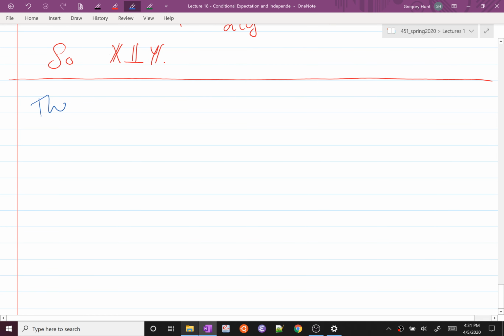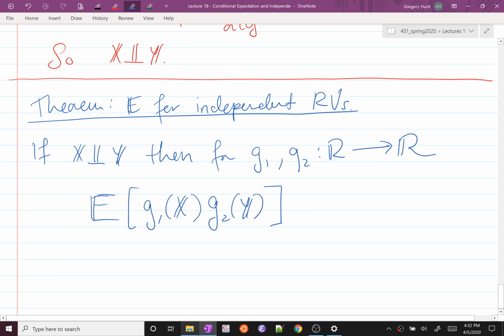If x is independent of y, then the expected value of g1 of x times g2 of y, where g1 and g2 are just some real-valued functions, whatever I want, going from R to R. If I take the expected value of some function of x times some function of y, I can factor this. I can distribute my expected value over the product.